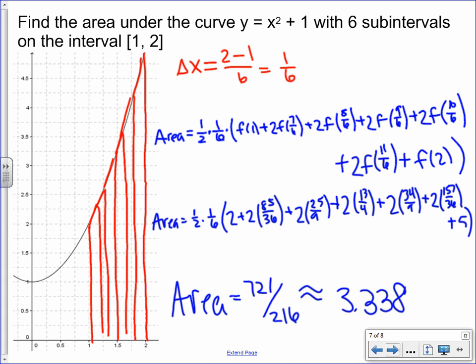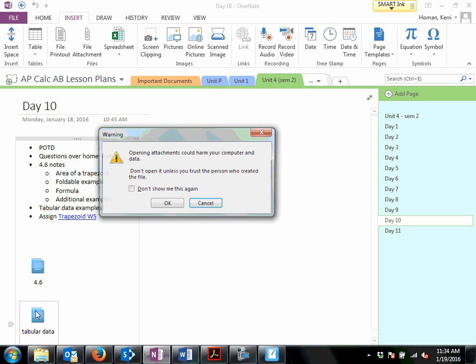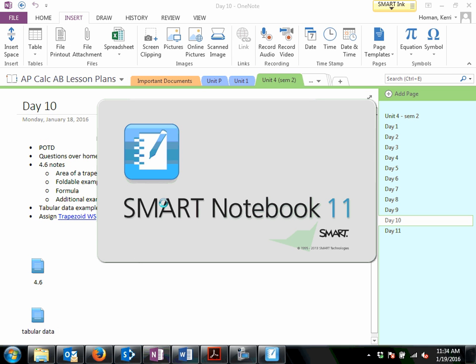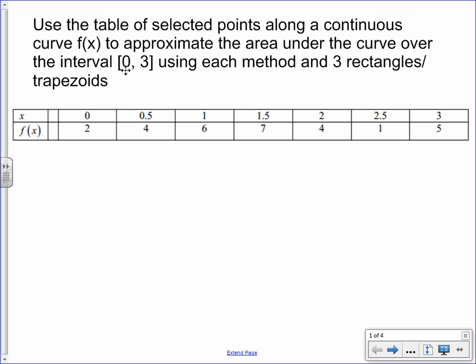So sometimes we are given data and maybe a table. And this is really when these methods are going to be beneficial for us, when we have tabular data. So let's talk about how we would use these methods to find area under a curve when we have tabular data.